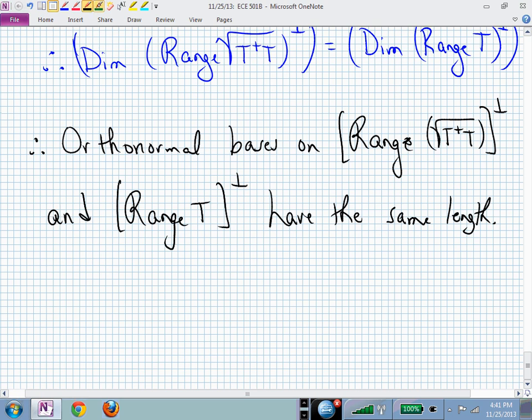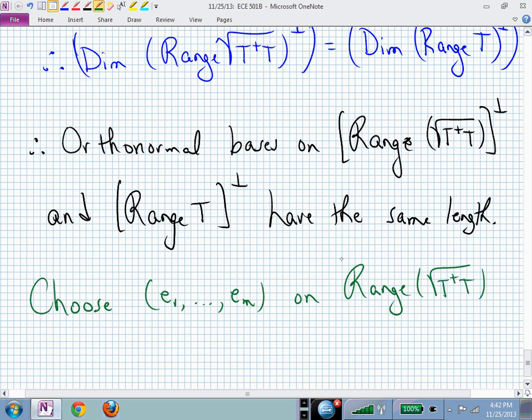If that's the case, let's just select some. So now let's choose e1 through e sub m to be our orthonormal basis on the orthogonal complement of the range of the positive square root of T dagger T.